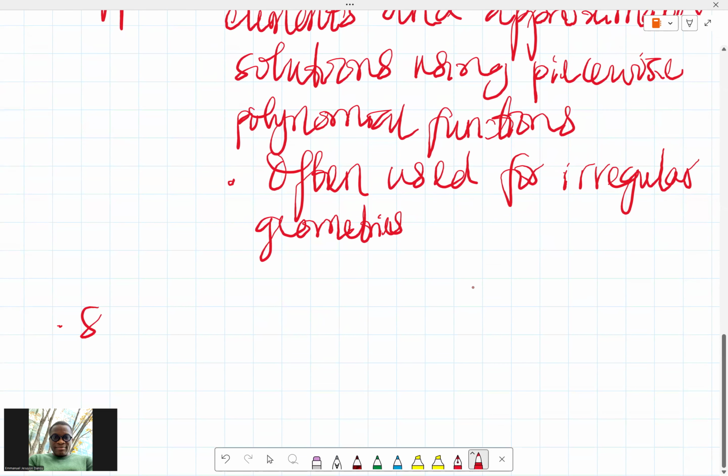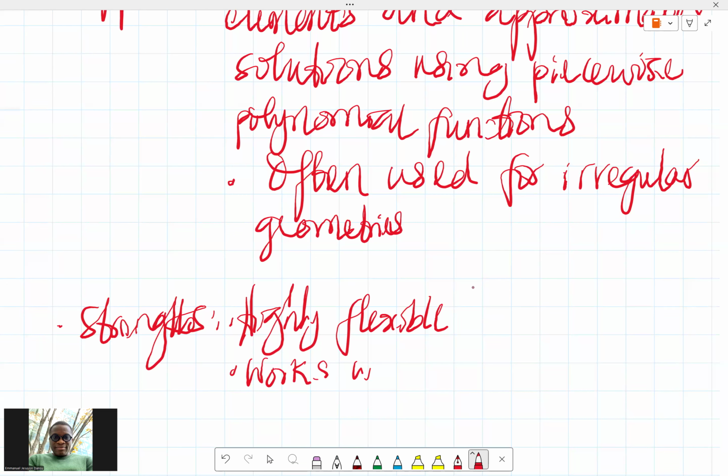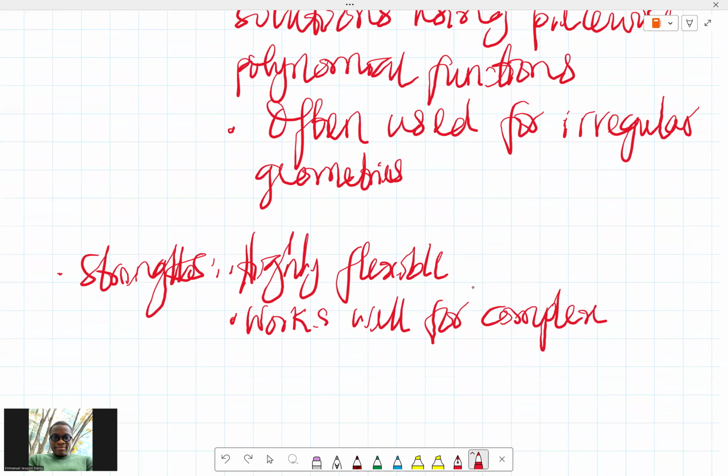And then we talk about the strengths of the finite element method. The strength is that it is highly flexible. It works well for complex geometries. So in this regard, it's better than the finite difference method, which cannot cope with irregular geometry.